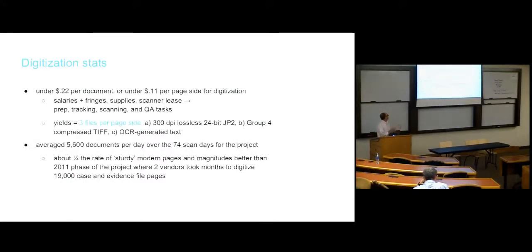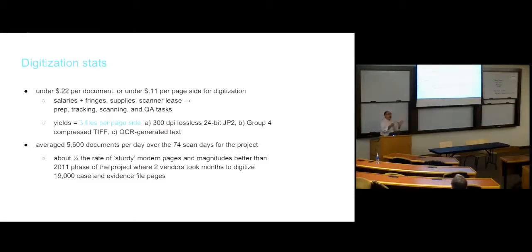And as I said, the ultimate production was we succeeded in digitizing all 4,300 folders, 414,000 pages. And when you do the math and divide things with all of the costs for supplies, for the machine rental, for staff, including staff with benefits belonging to the union, with all of those costs told with the local control of that machine, we derived either 22 cents per document or 11 cents per page side.